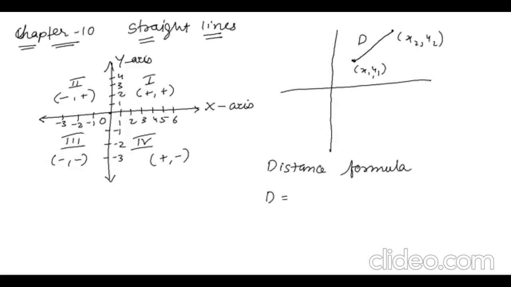Distance formula: d is the square root of (x1 minus x2) whole square plus (y1 minus y2) whole square. You can take it either way also, as (y2 minus y1) whole square plus (x2 minus x1) whole square.